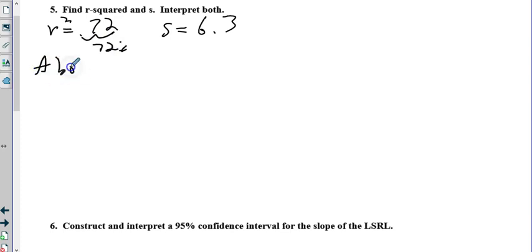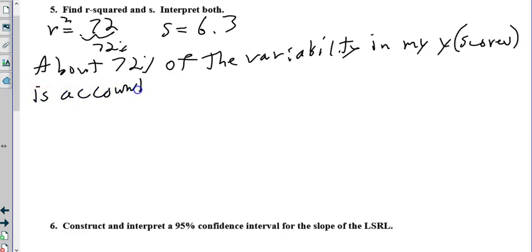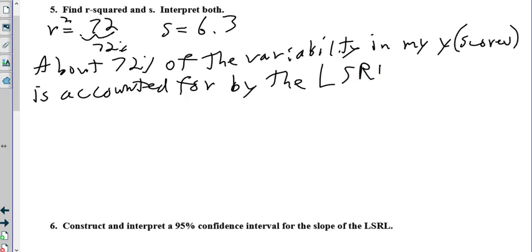And we say about 72% of the variability in my Y, which is scores, is accounted for by the least squares regression line with X equal to hours studied.